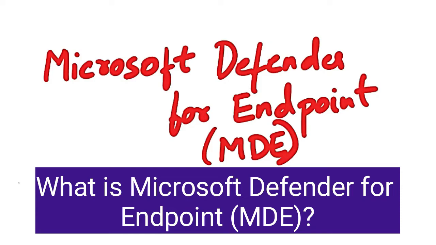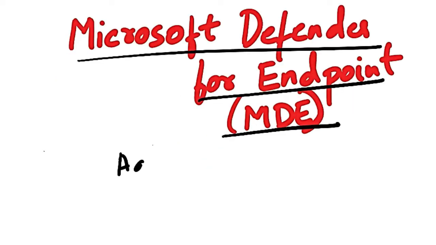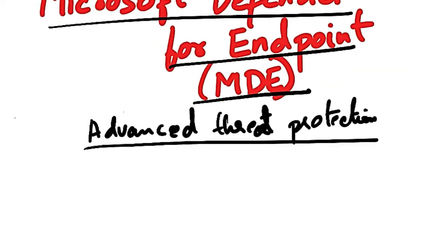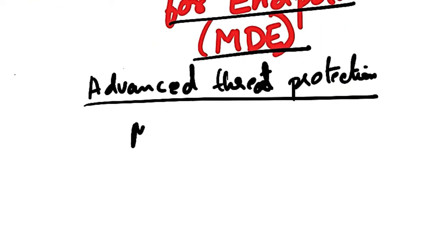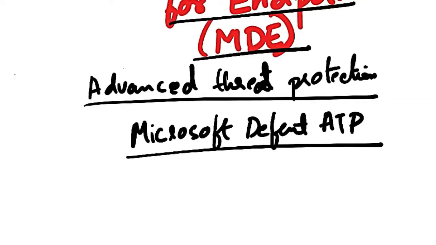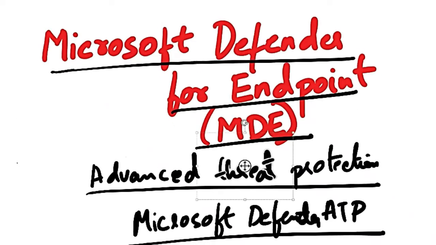Next question, what is Microsoft Defender for Endpoint, MDE? Give me an overview of Microsoft Defender for Endpoint. It is an advanced threat protection solution. This was actually formerly called Microsoft Defender Advanced Threat Protection, ATP. It was called this before, and knowing Microsoft, it's obviously changed its name.